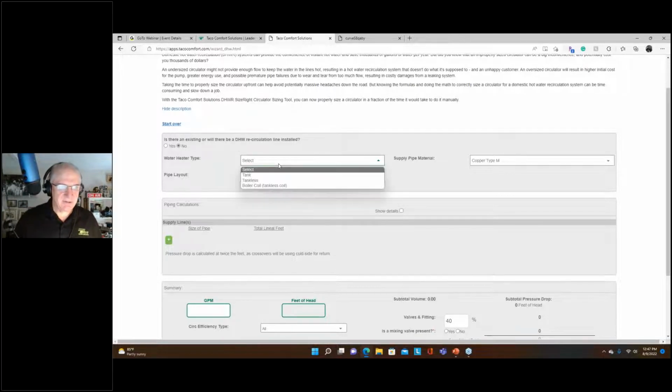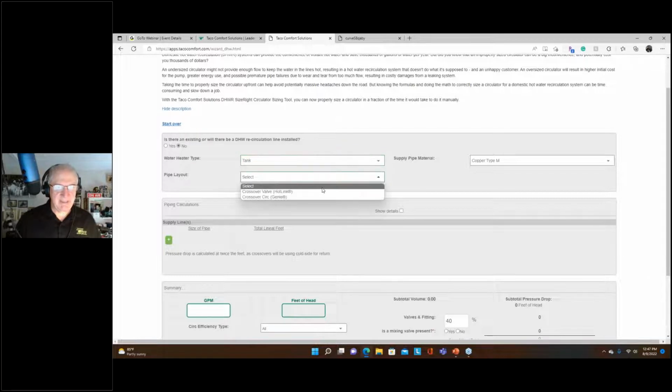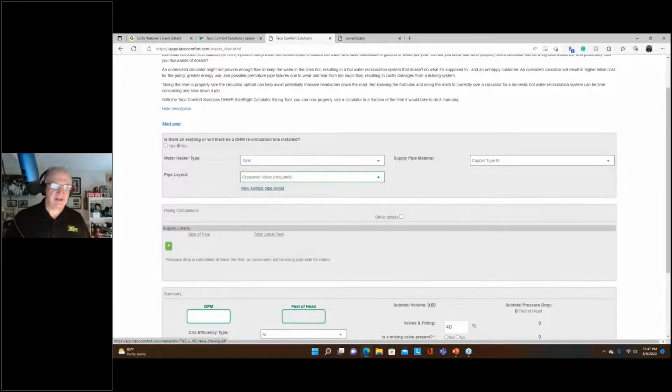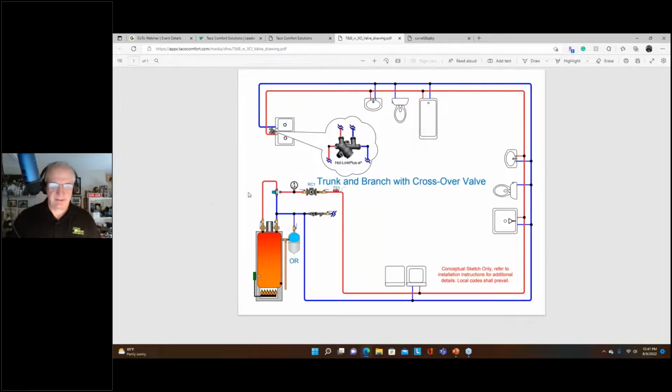All right, hot water heater type. Let's take a look at tank. Your piping layout: crossover valve or crossover circulator with our Genie, and we can look at the Genie in a second as well. But let's use the Hotlink crossover valve. And you want to see a sample piping layout. There it is. And here you can see we use the cold water line as the return for the hot water recirc.